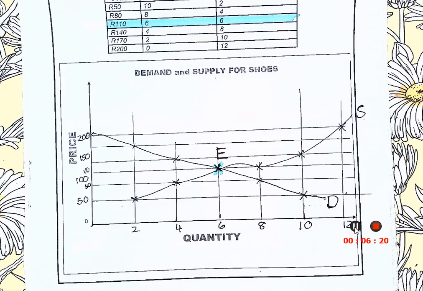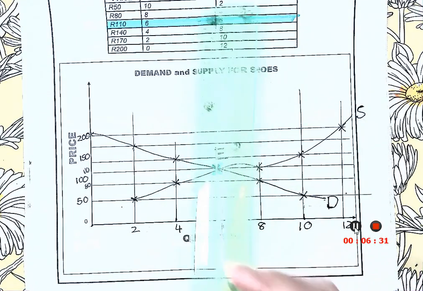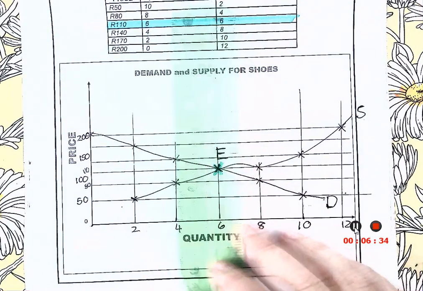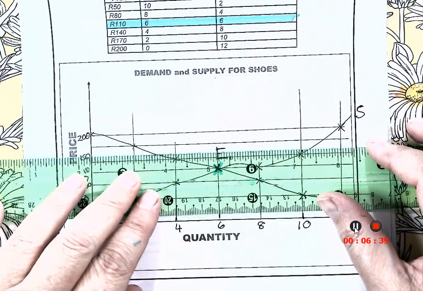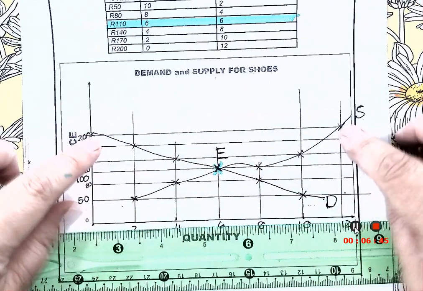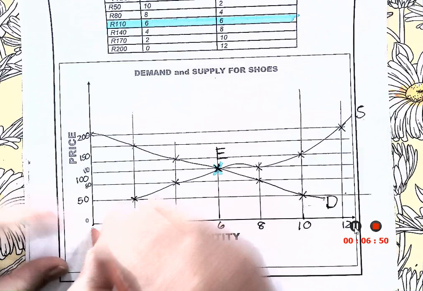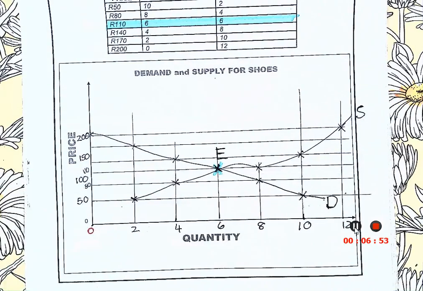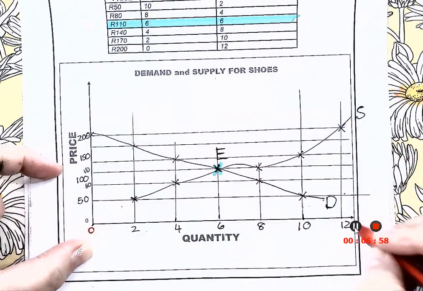I just want to finish this, then I'm happy. Here goes the demand. Let's go to 200 Rand. What's happening now? If I go to 200 Rand, can you see the demand is 0, but the supply is 12?